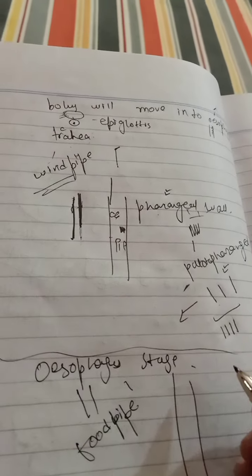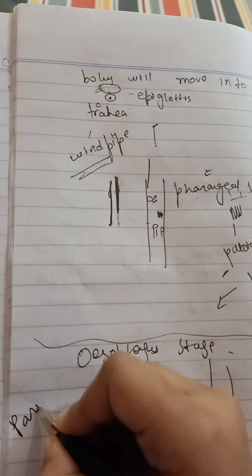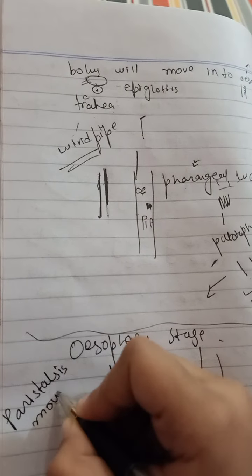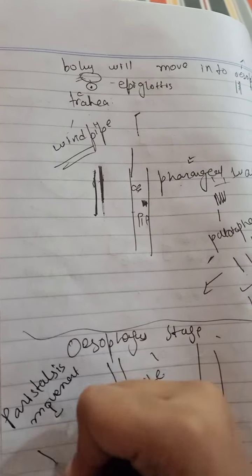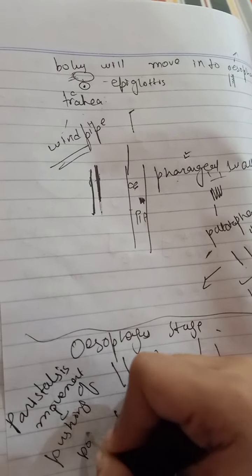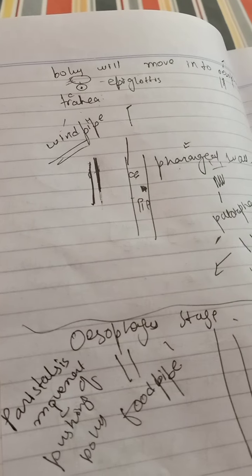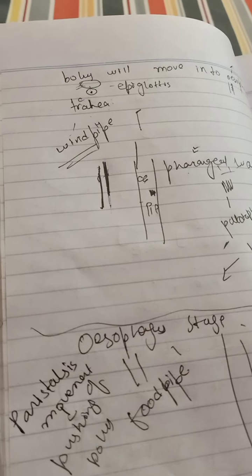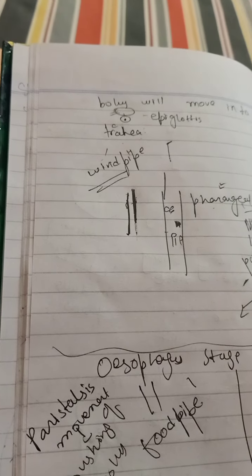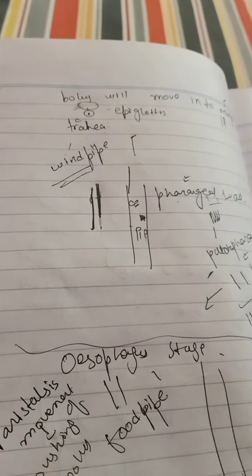First of all, let me tell you about peristalsis. What is peristalsis? Peristalsis is the movement, or you can say the pushing, of the bolus. Through this, pressure is generated on the bolus, and the bolus will move downward.